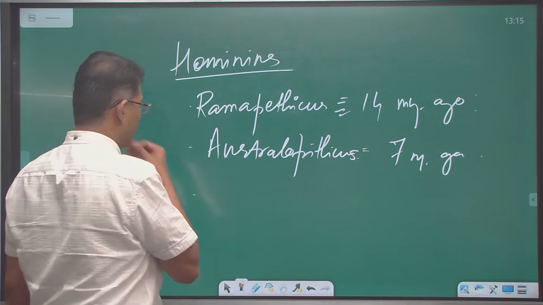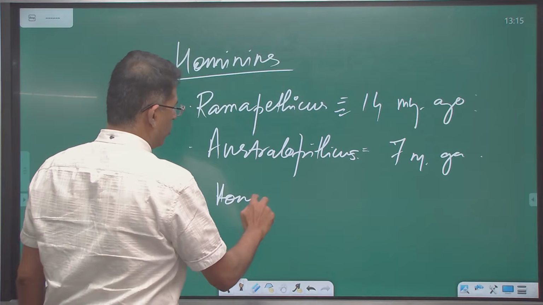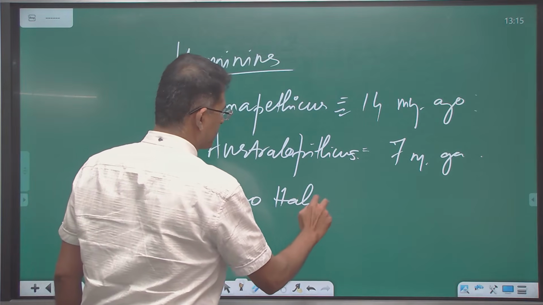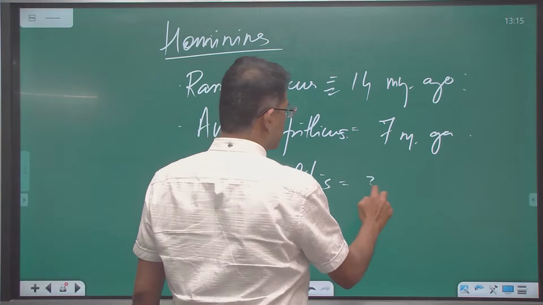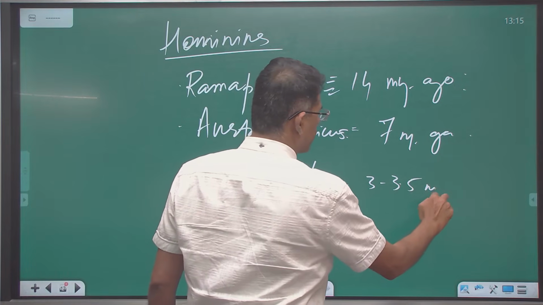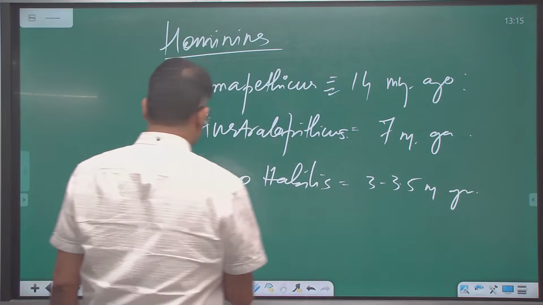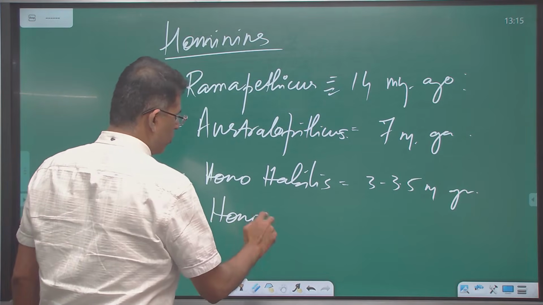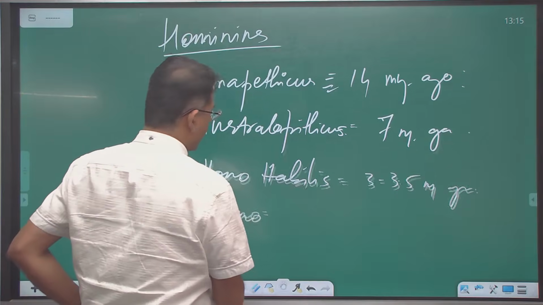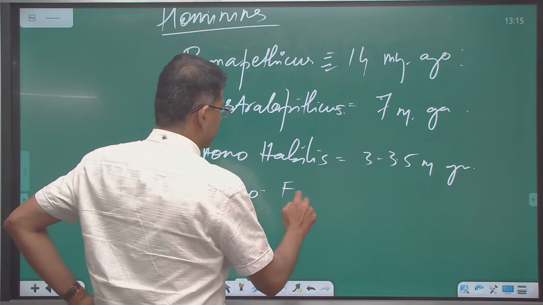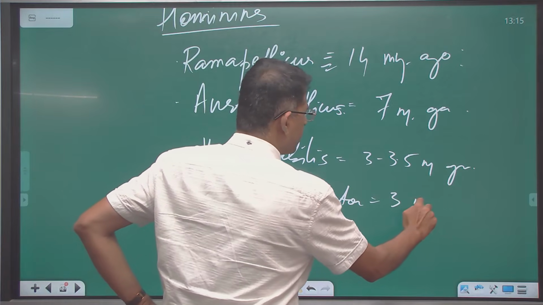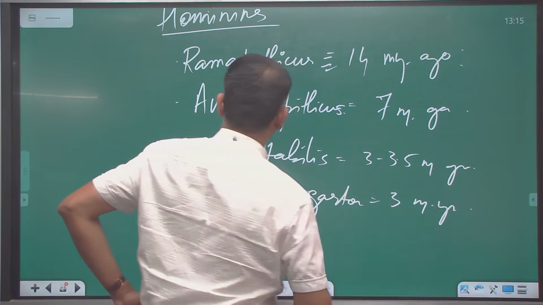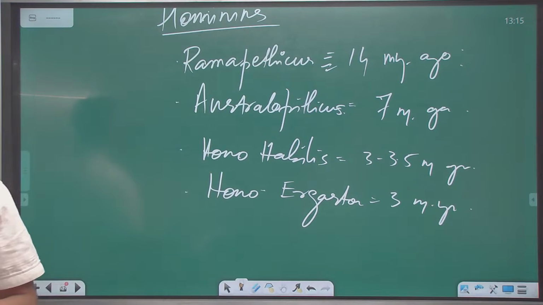Then we have Homo habilis. Homo habilis about 3.5 million years ago. Homo ergaster. This is also about 3 million years. Homo habilis, Homo ergaster.